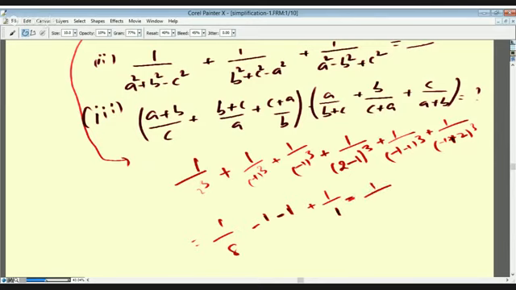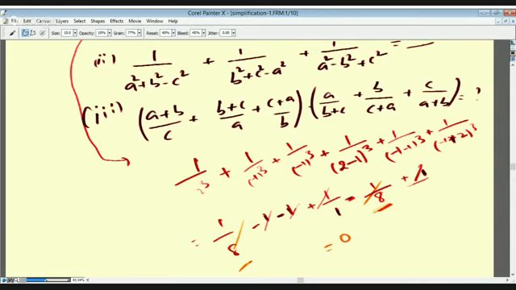I'll write minus here and 8 here, and it will become 2 minus 1, so 1. So friends, this is +1, this is -1, this is +1, and this is -1. So this is -1 by 8, and this is +1 by 8. Once you cancel these two, you'll get the answer as 0.